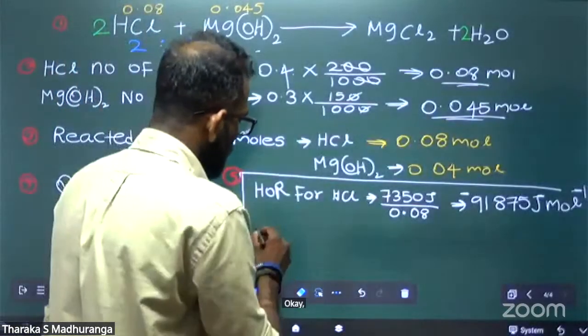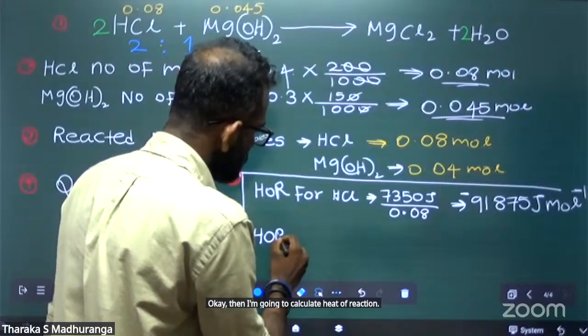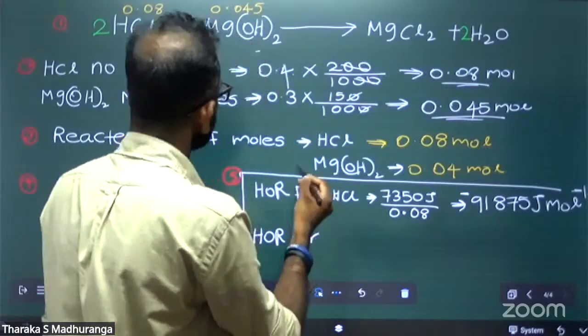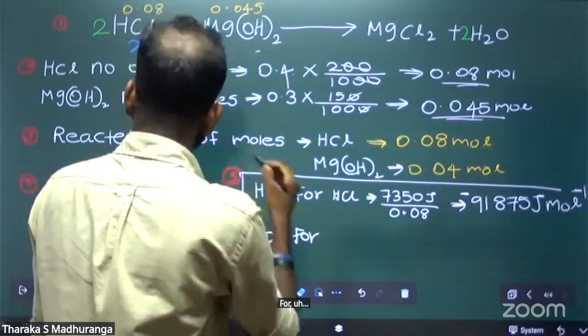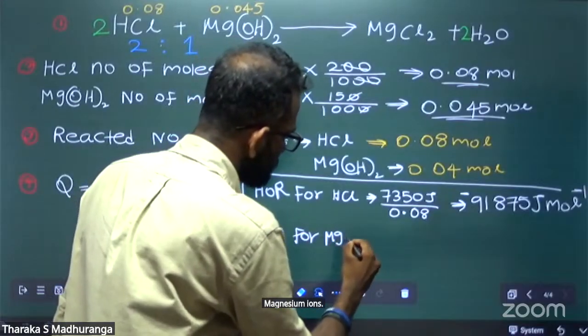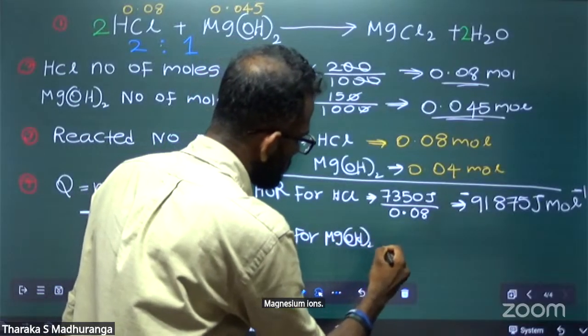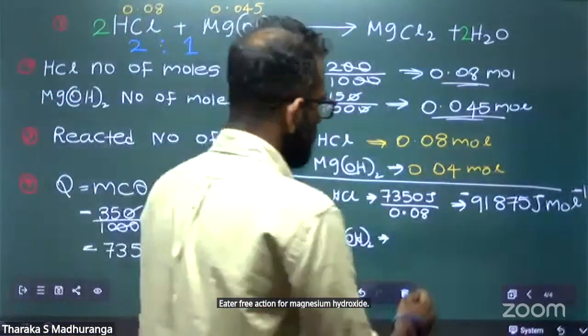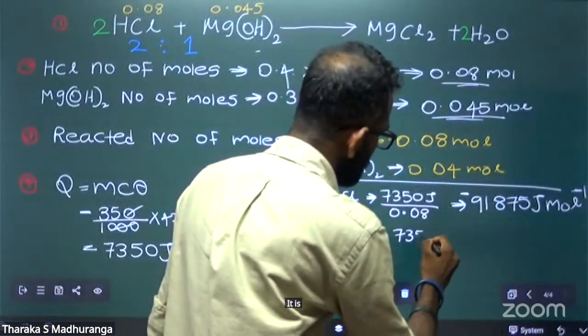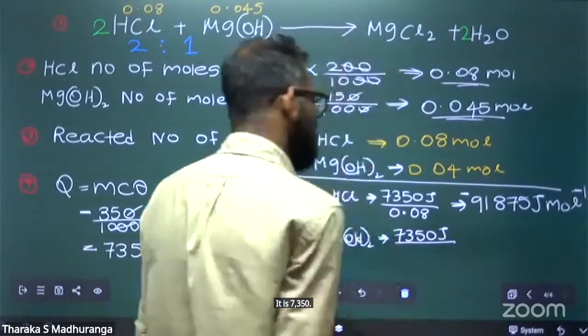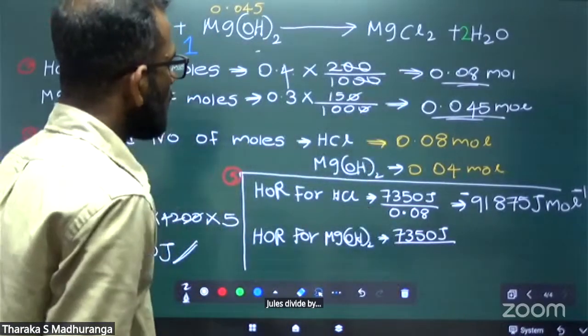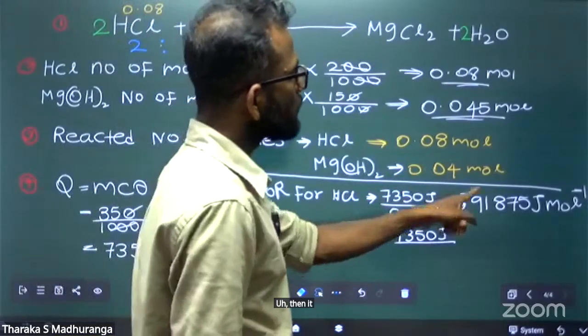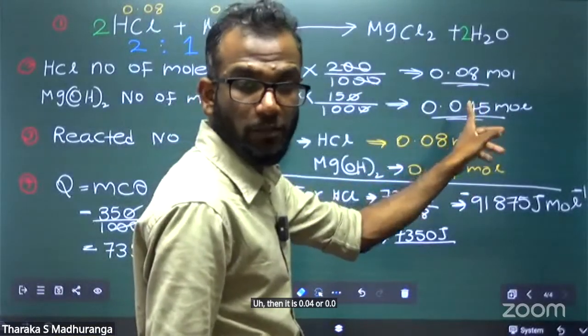Okay, then I am going to calculate the heat of reaction for magnesium hydroxide. Heat of reaction for magnesium hydroxide is 7,350 joules divided by, then it is 0.04 or 0.045.